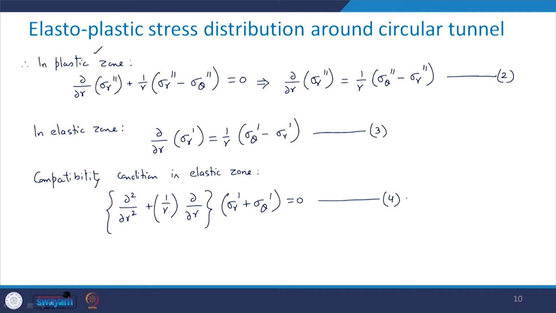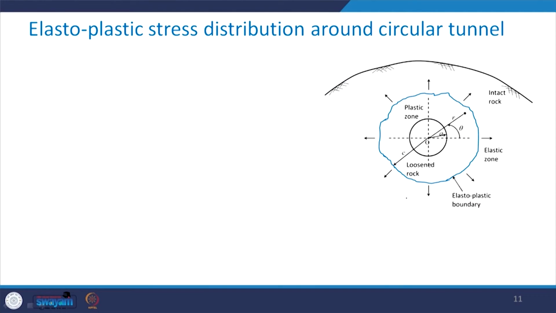Now, these equations of equilibrium and the compatibility equation are to be satisfied subject to the boundary conditions of the problem. So, take a look at this figure.